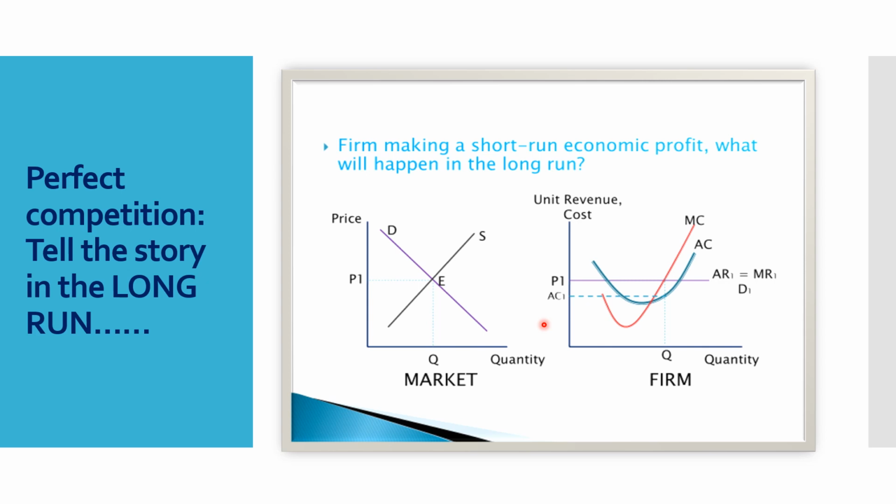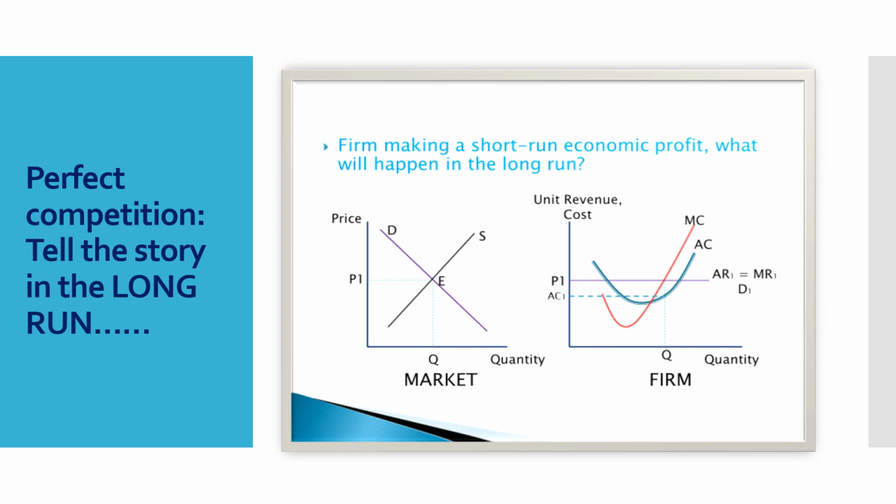So new firms enter the market, and that would cause the supply curve to shift to the right. As we shift our supply curve to the right, we will find that our equilibrium price will drop, and this will continue until all our firms are making normal profit in the long run.